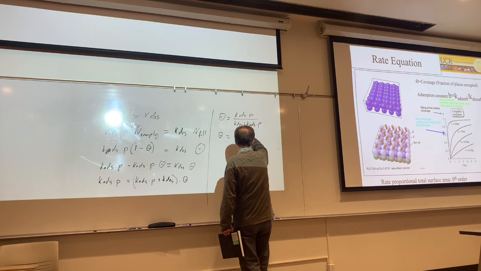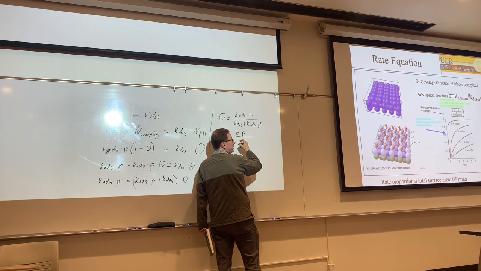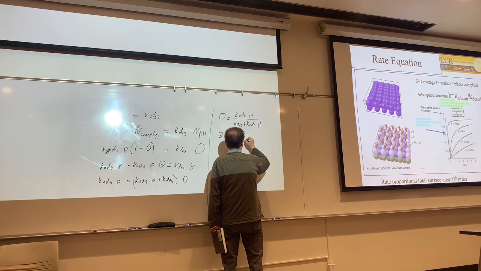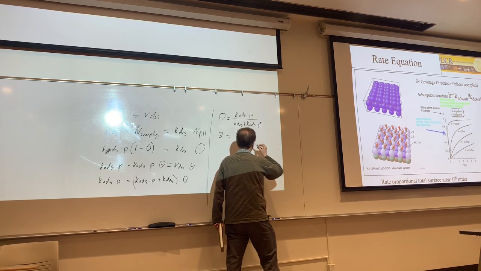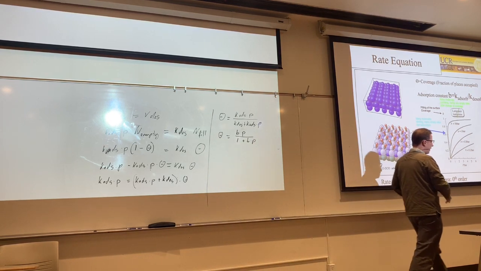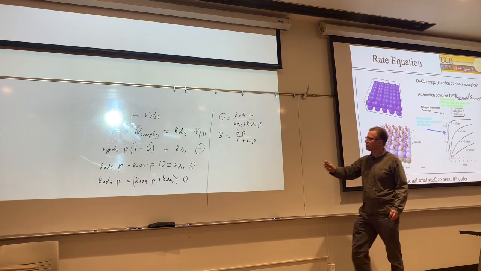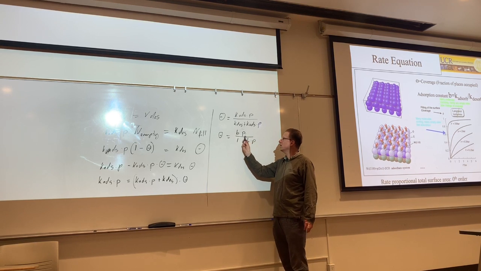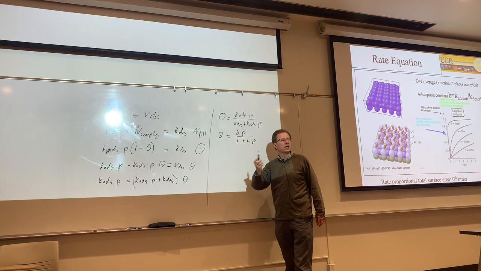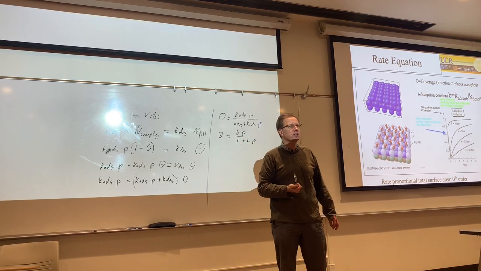If I divide this by K desorption, then it becomes a 1, and then I have again my B times the pressure. So I get a Langmuir model of adsorption, which gives me that the coverage of a surface depends on the pressure and depends on this ratio between the two rate constants in this way.